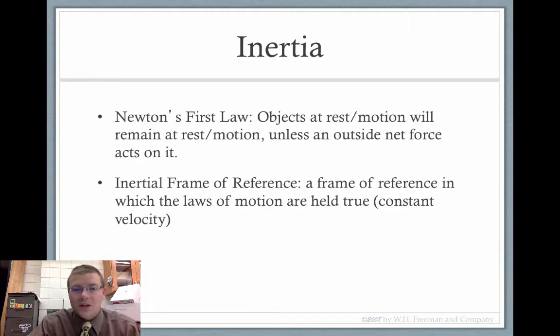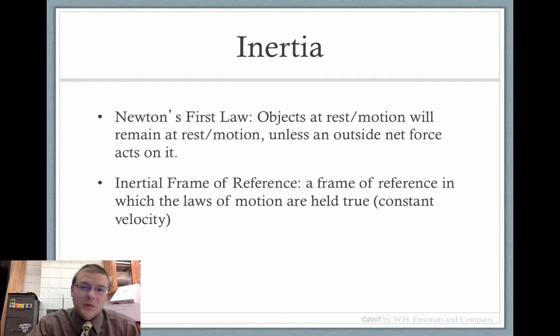When we do any of our scenarios, what we want to do is see if our scenarios will obey Newton's first law. And we covered this in projectile motion. Newton's first law says objects at rest or objects in motion will remain at rest or remain in motion, whatever you were last doing, until there's this outside net force.